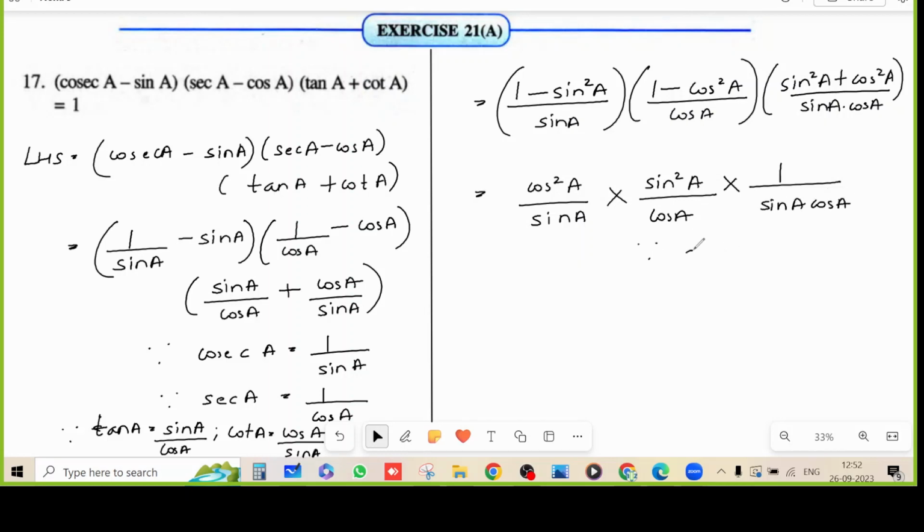The trigonometric identity that we have used in different forms over here is sin square A plus cos square A is equal to 1. Now cos A will get cancelled out. The second cos A will cancel out the cos A completely. Sin A will cancel out this completely. So this will give us the answer as 1, which is equal to the right hand side, hence proved.